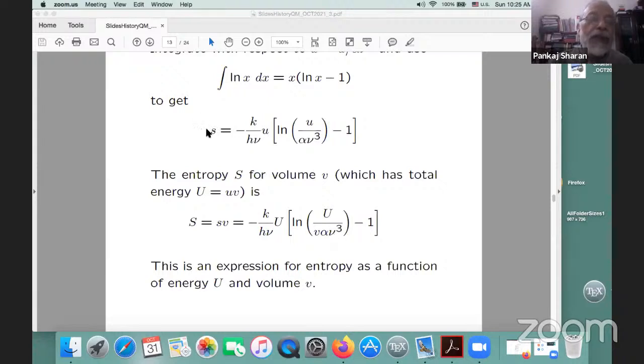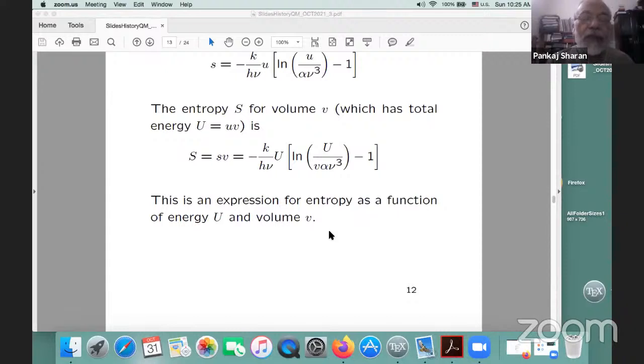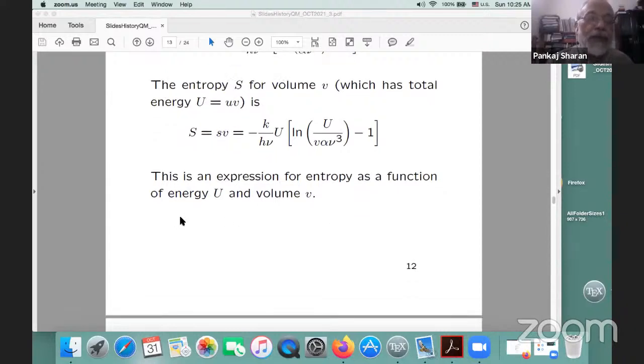The small v is multiplied on both sides, so you get capital S here and capital U here, and inside this small u is converted into capital U. Okay, so this is the expression for entropy as a function of energy U and volume V.